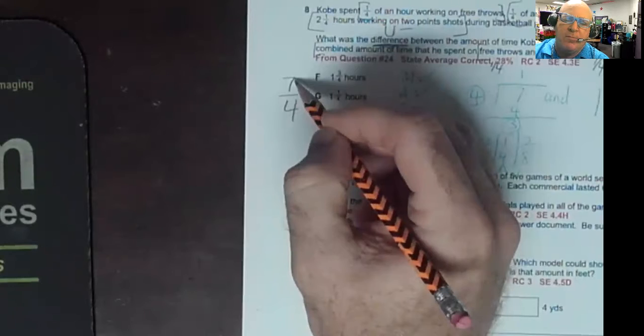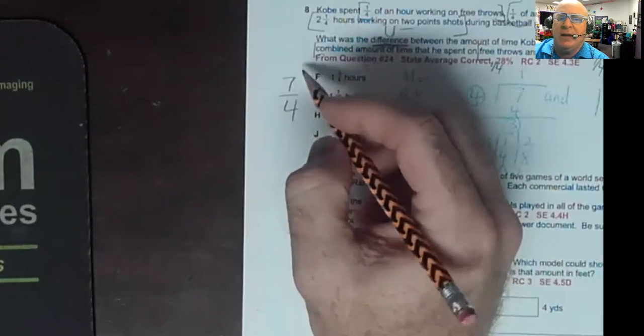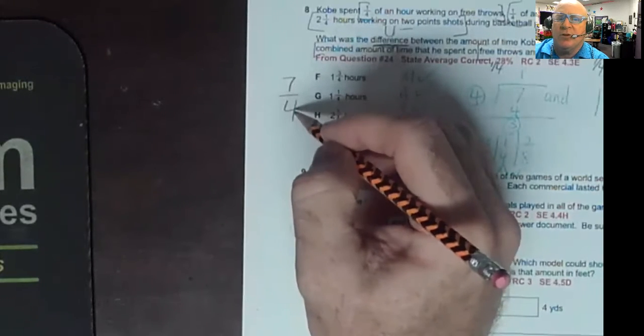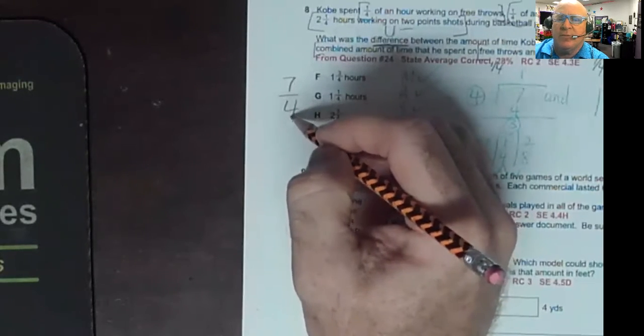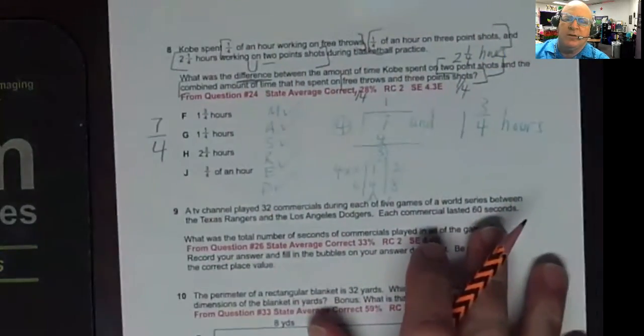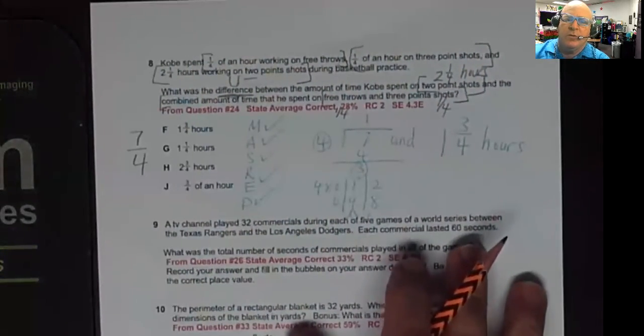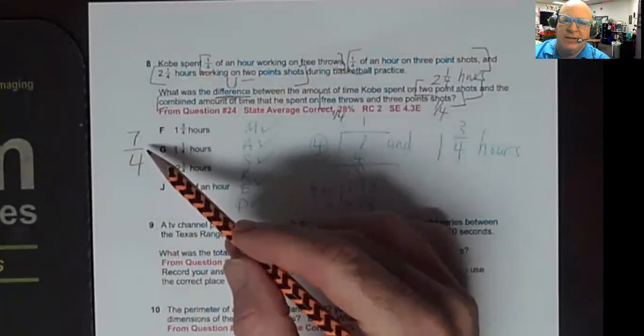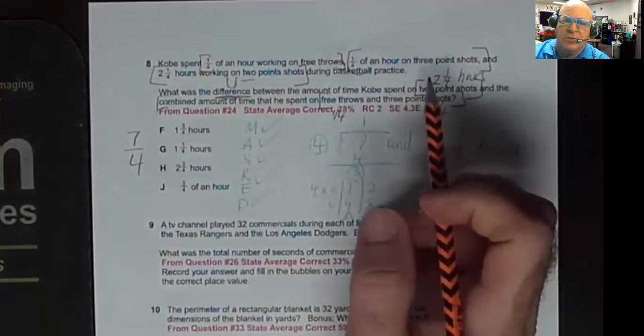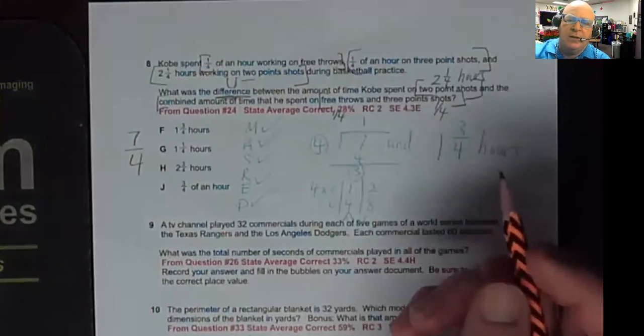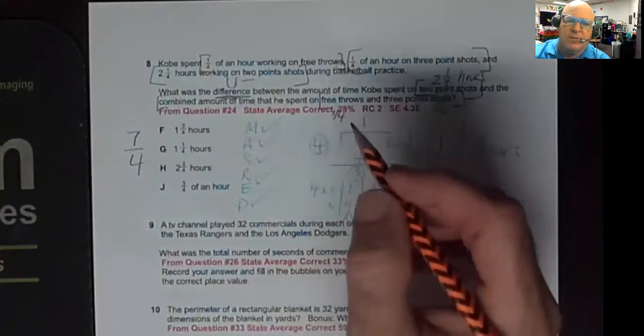It's improper for a larger number to be on top of a smaller number. So I'm going to teach you something that will help your students be able to go back and forth between improper, which was what we just did with the 2 1/4, and mixed number.